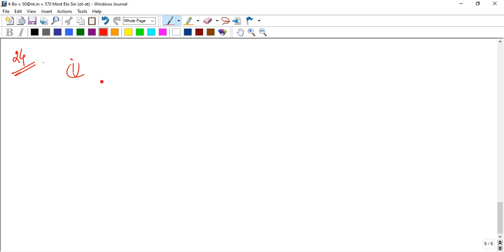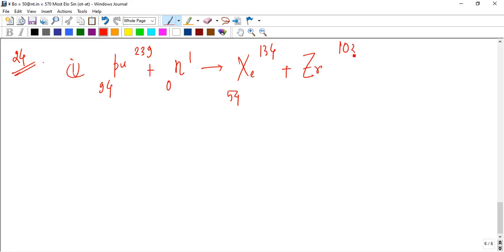Here we see plutonium with mass number 239 and atomic number 94, plus a neutron 0n1, gives xenon 134 with atomic number 54, plus zirconium 103 with atomic number 40, plus 3 neutrons 0n1. That's the first equation.